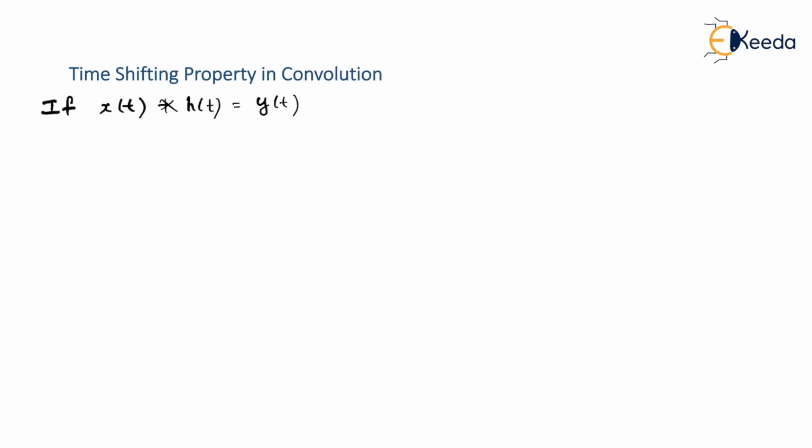In that case, by using time shifting property, if it is, let's say, x of t minus t1 getting convolved with h of t minus t2, then output can be written as y of t minus t1 minus t2.